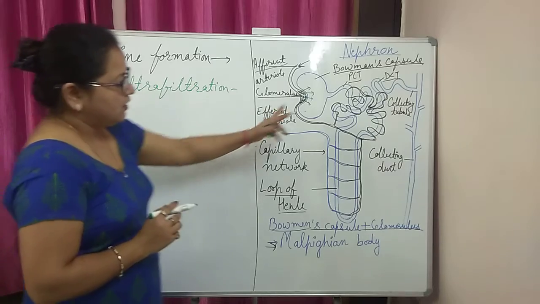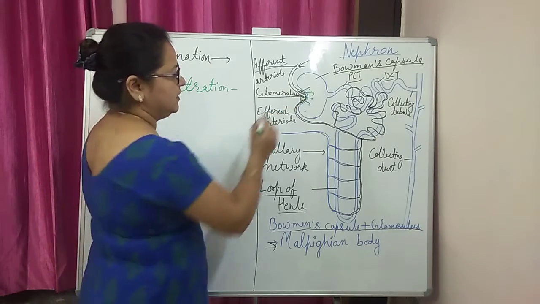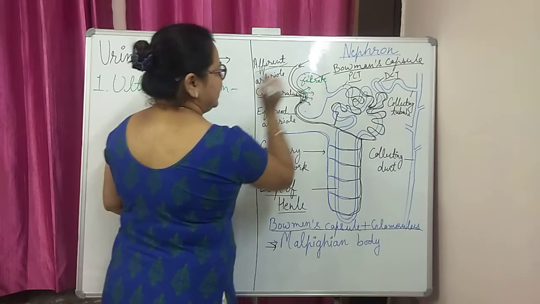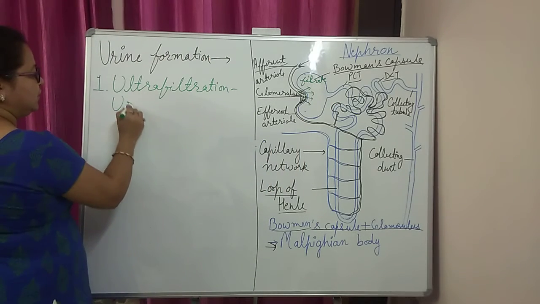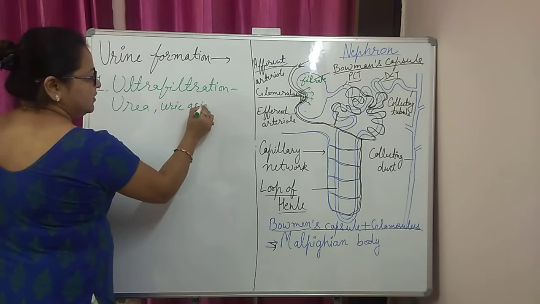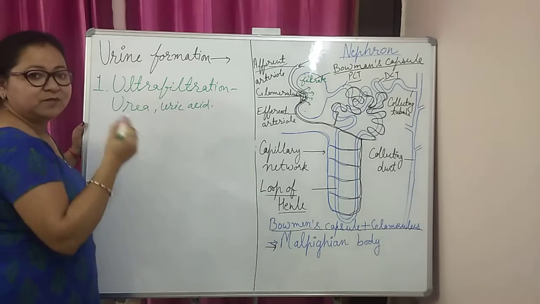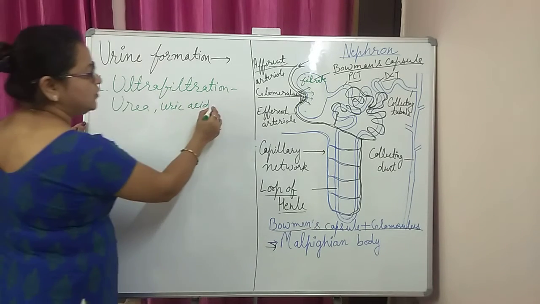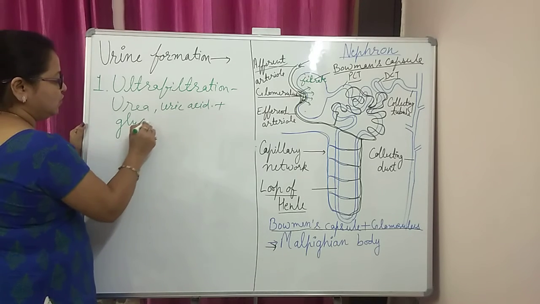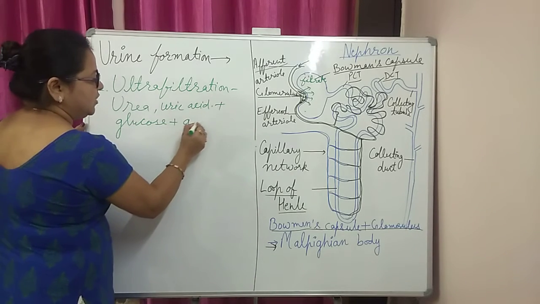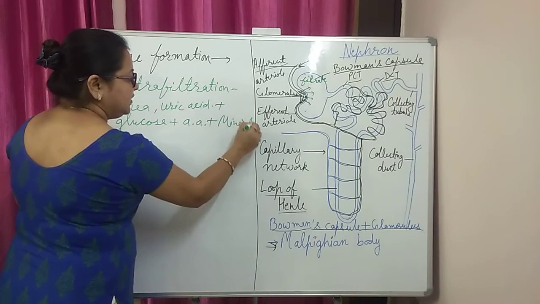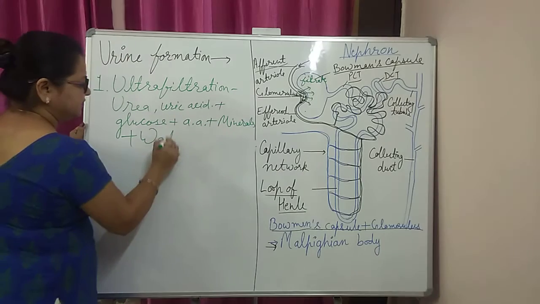Now the filtrate which comes here, we can use the word filtrate. This filtrate has urea and uric acid. These are the nitrogenous waste that should be eliminated, but it also has a number of valuable materials like glucose, amino acids, a number of minerals, and lots of water.